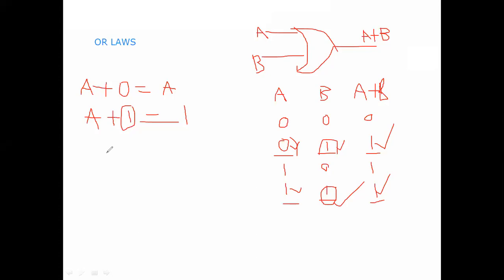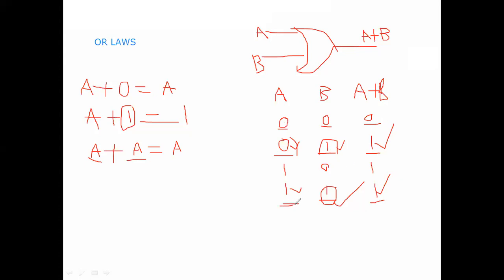Next, A plus A equal to A. See the table here. A plus A, here both are the same inputs. That means if 0, 0, same inputs, what about the output? 0.